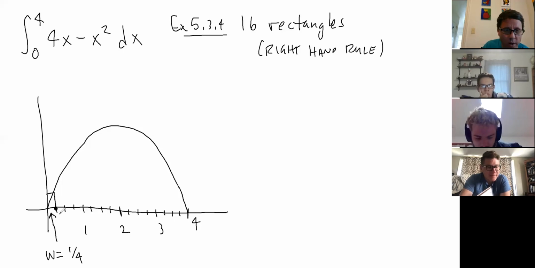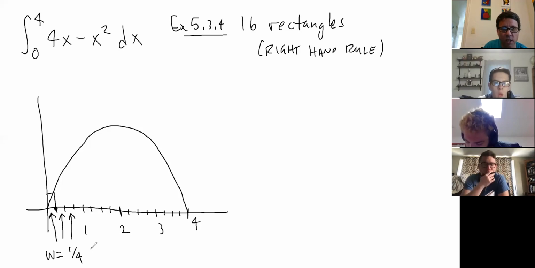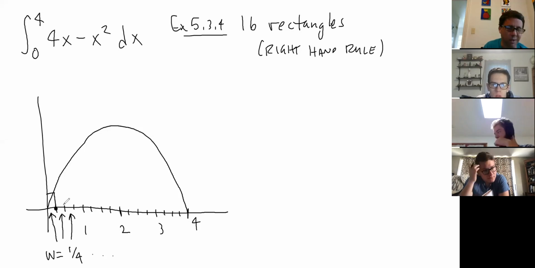So that's 1/4 there. And it's also 1/4 there, and it's 1/4 there, and it's going to be 1/4 all the way across. So all of the rectangles have 1/4 as their width. So really, if we could figure out the heights, then the areas would be easy. It would be the height times 1/4, the next height times 1/4, the next height times a quarter, all the way across.